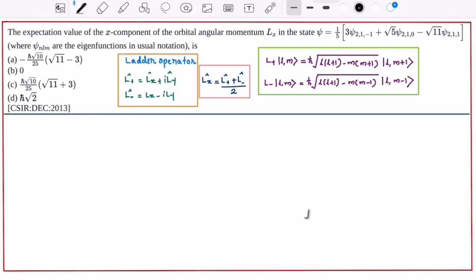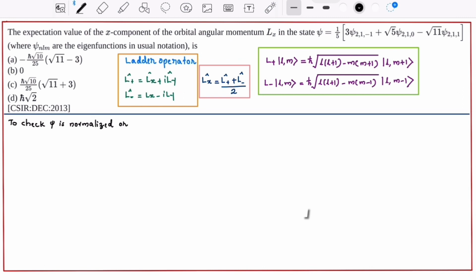The eigenvalue of L plus is h bar root of l into l plus 1 minus m into m plus 1, and the eigenvalue of L minus is h bar root of l into l plus 1 minus m into m minus 1. Now we have to find out the expectation value of Lx.